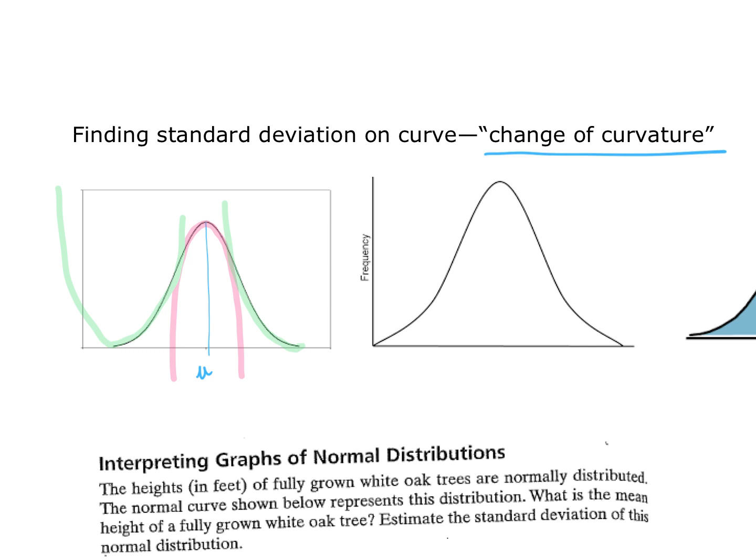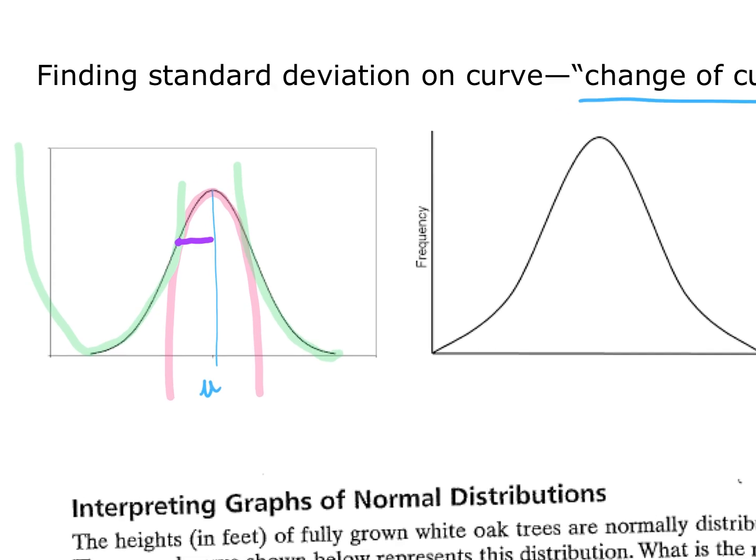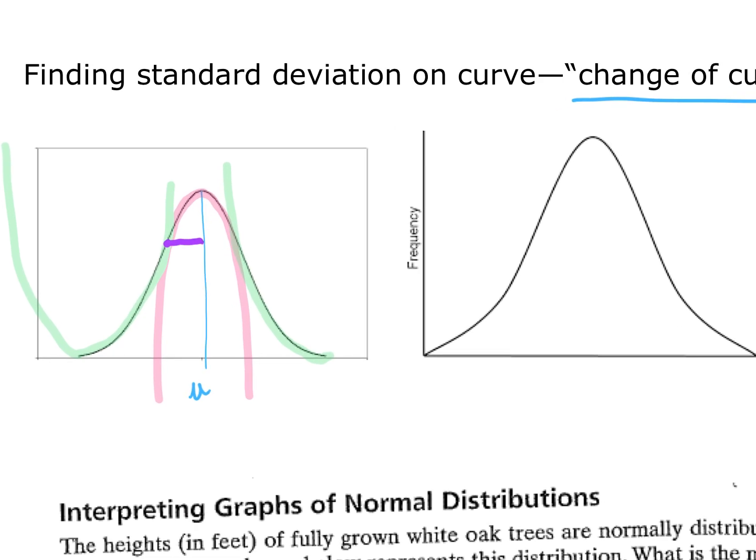The two curves are intersecting to create the full shape of that curve. So approximately right here is where those two curves are intersecting. You can find it on one side or the other. You don't need to do it on both, although it should be consistent on both sides. And then to show the standard deviation, we draw from the mean out to that particular place on the curve, and we label that with our little sigma and say that that's our distance of standard deviation.